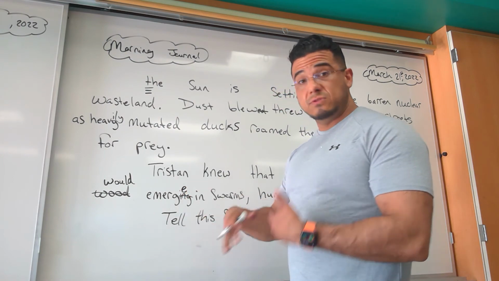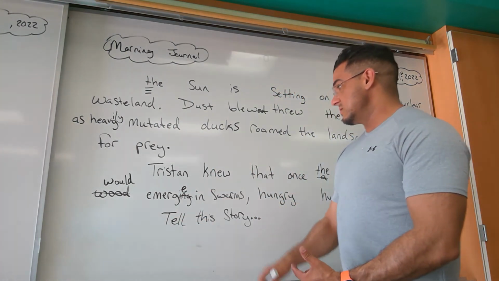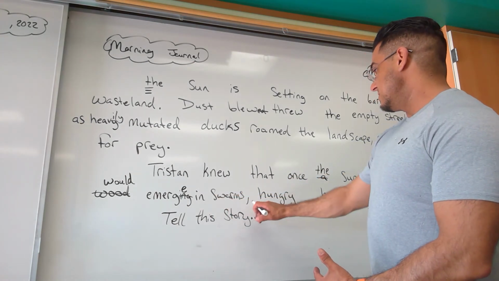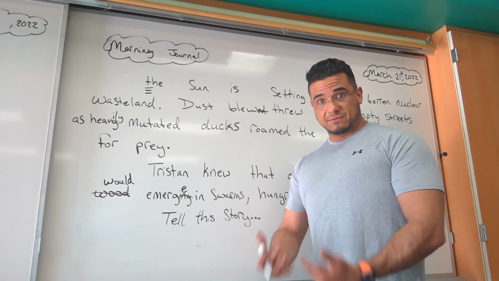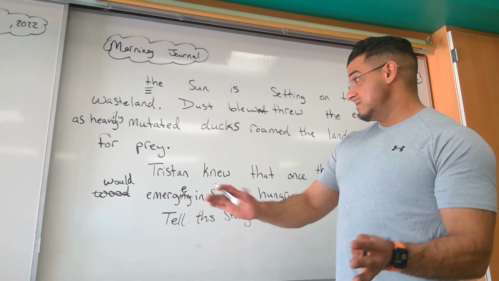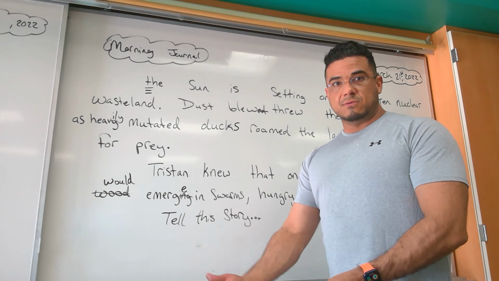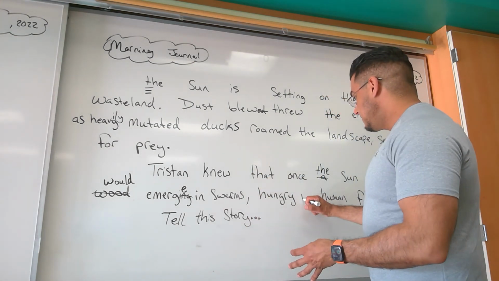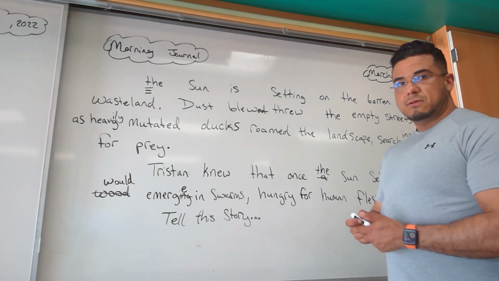So they would do this thing. So they would emerge, not would emerging, the gerund. In swarms, comma, hungry human flesh. Is it that the human flesh itself is hungry, or that they themselves, referring back to those turtles, are pursuing human flesh? So hungry for, F-O-R, human flesh, period.